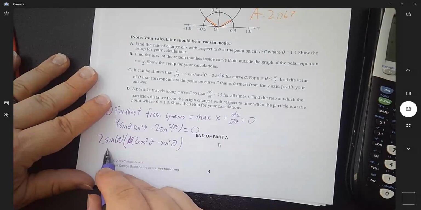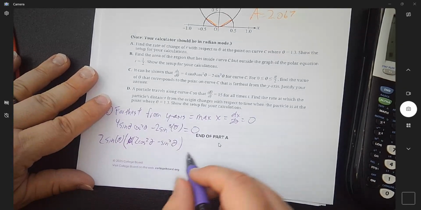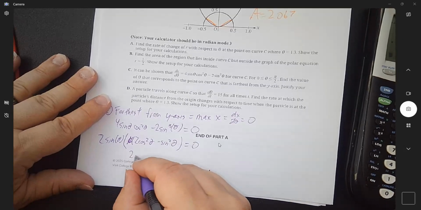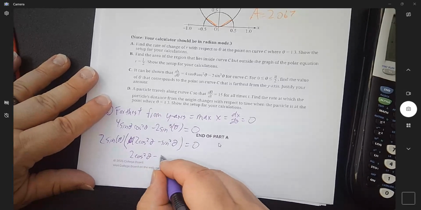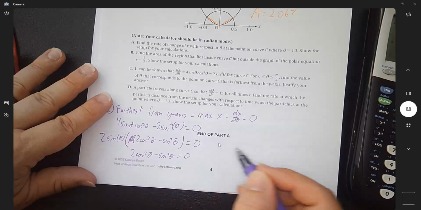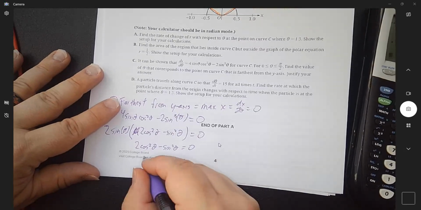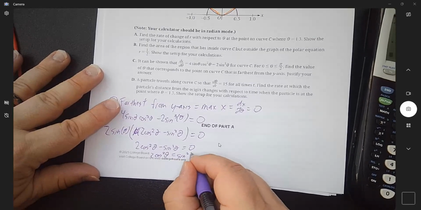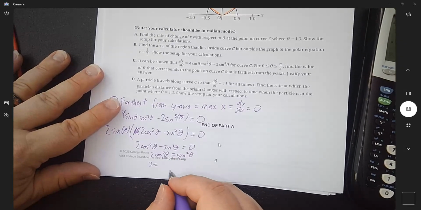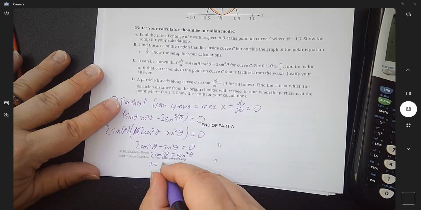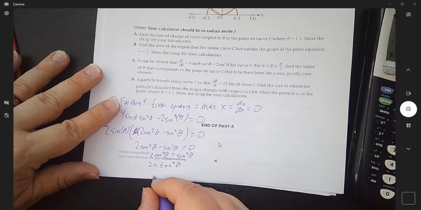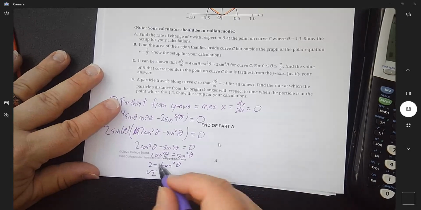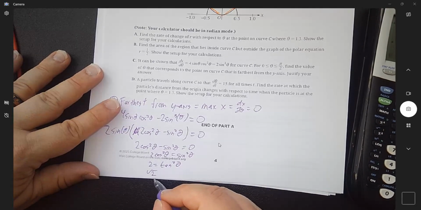Either sine is equal to 0 or this is equal to 0. 2 cos²θ minus sin²θ equals 0. I feel like this is going to be 45 degrees, because 2 cos²θ equals sin²θ. That means 2 equals tan²θ. So tan θ is the square root of 2, which is not what I thought it would be. I thought it would be 1 over radical 2.